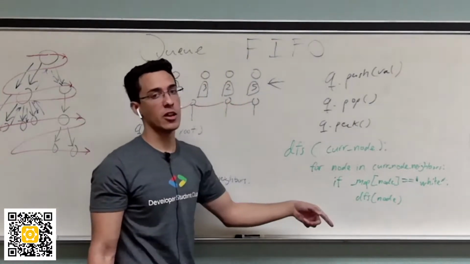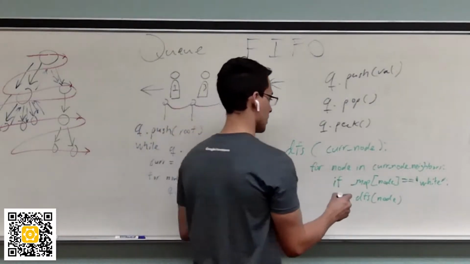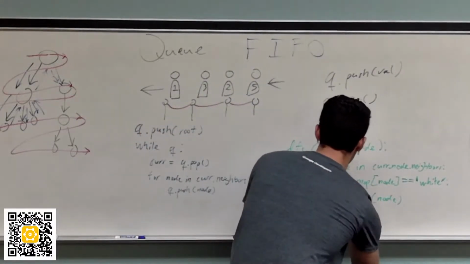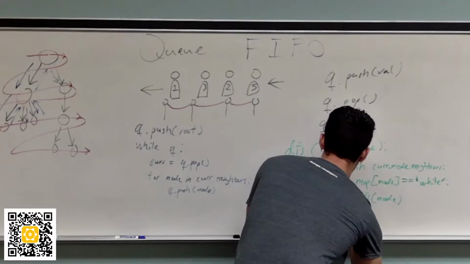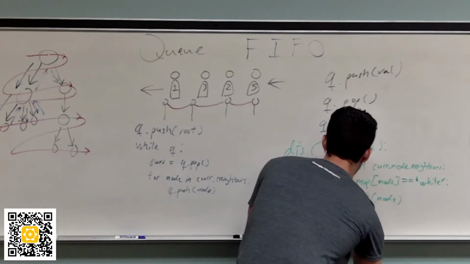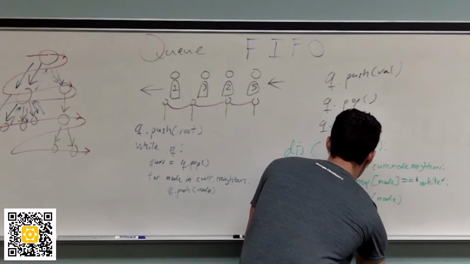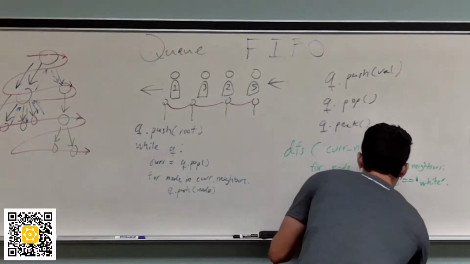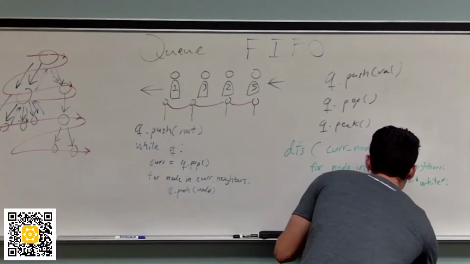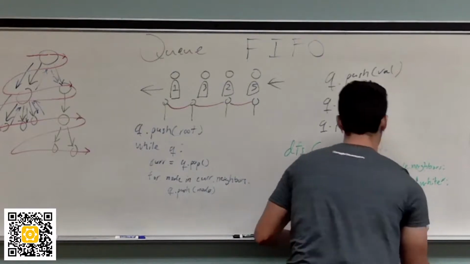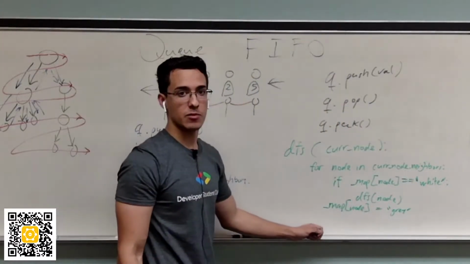And then as we call on it, once we've already traversed it, we would set it to gray, or black.